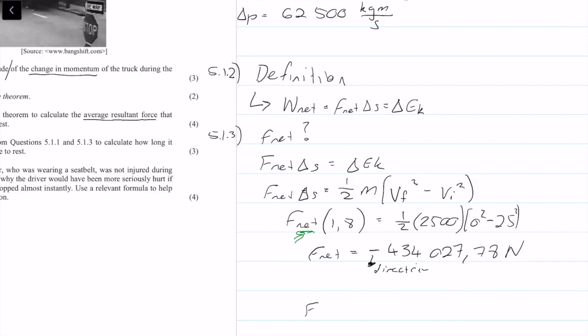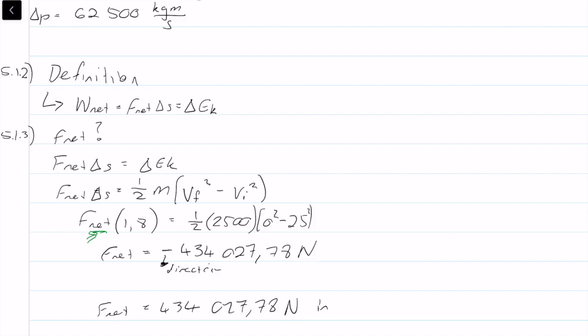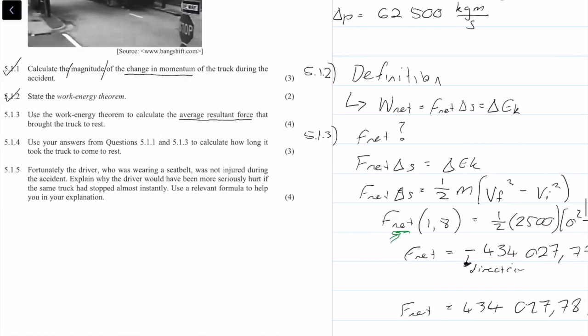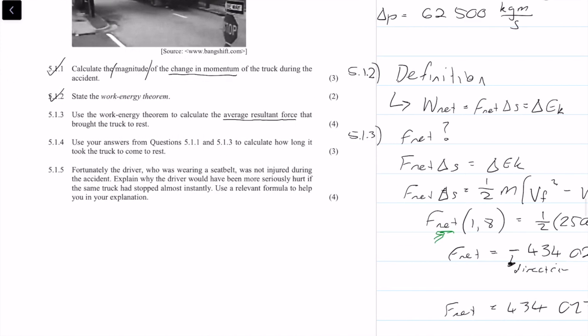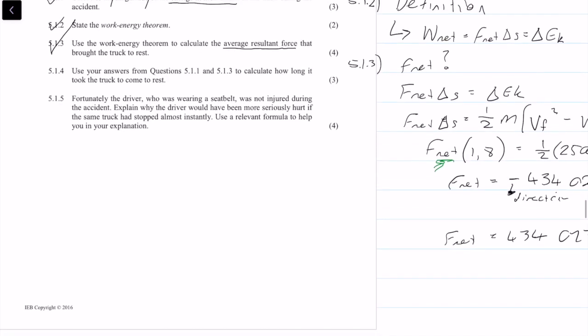So we can say that F net is equal to 434,027.78 newtons in the opposite direction of the initial motion. That just explains to us that the net force is backwards, if that makes sense. And we get 4 marks there.